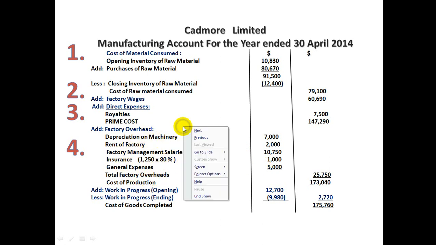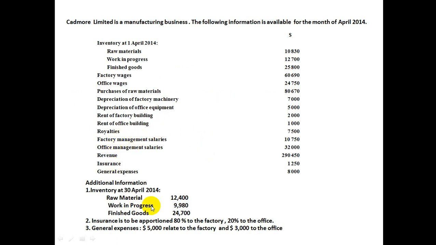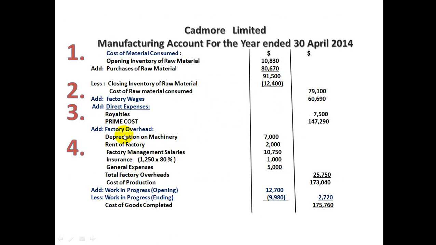All those expenses which were given to us in the question and are not directly linked with production are termed as FOH or factory overhead. So these factory management salaries, these portions which are given to the factory expenses, will be taken in FOH. Depreciation of factory machinery will also be taken in FOH. So these are the factory overhead items which we had listed here.